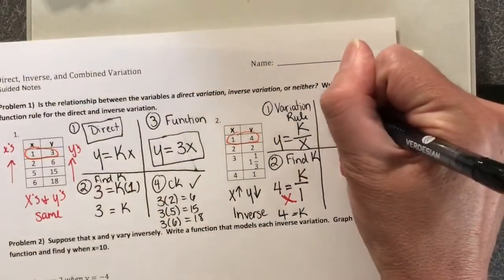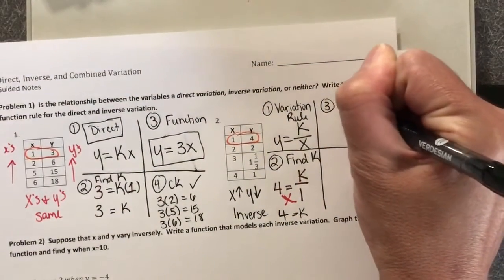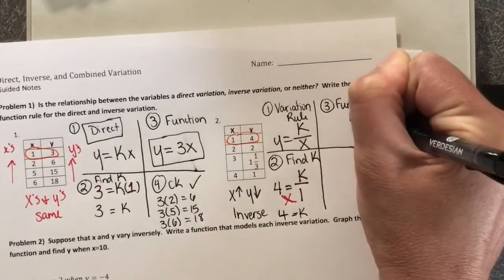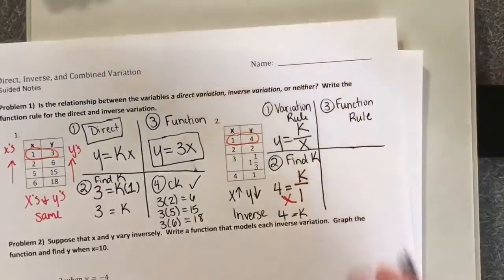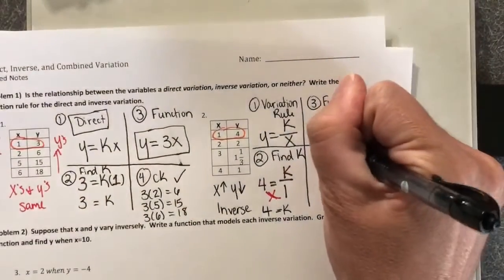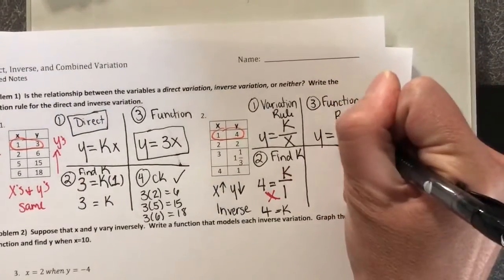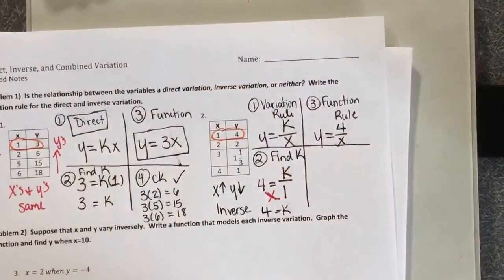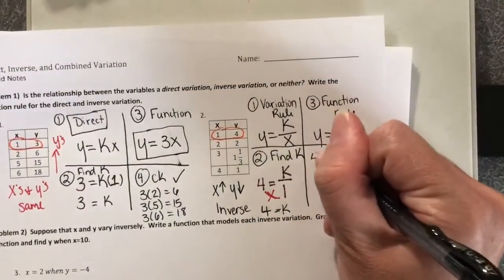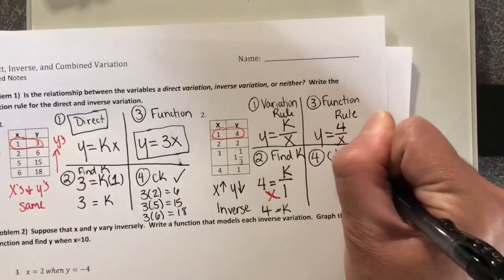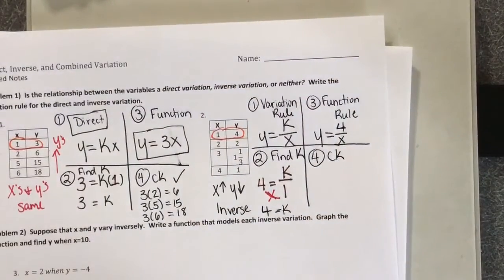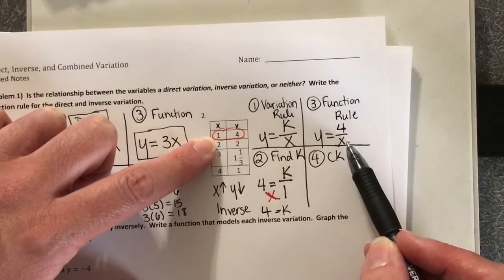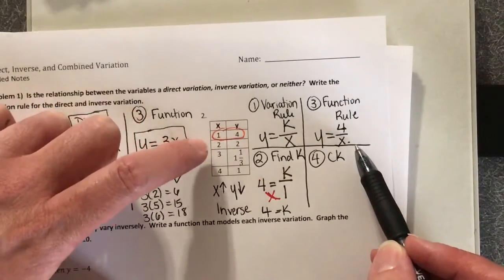Step 3 is our function rule. Our function rule is y equals 4 over x. Then step 4 is to check. We want to make sure it works, so go back and plug in. When I plug 2 into x, 4 divided by 2 is 2, so it checks out.